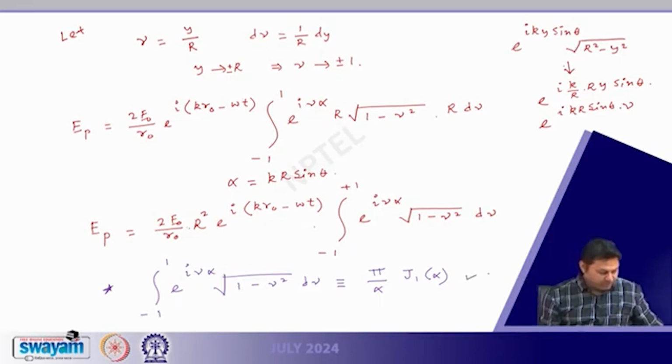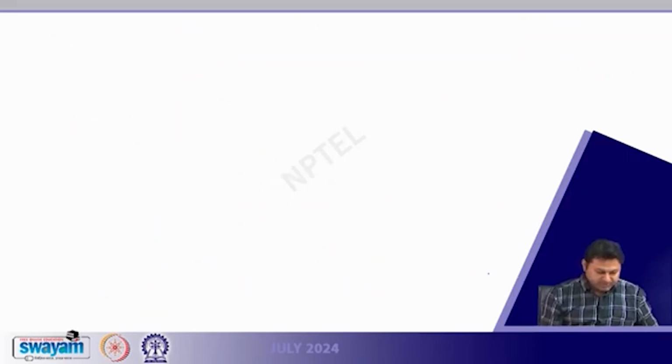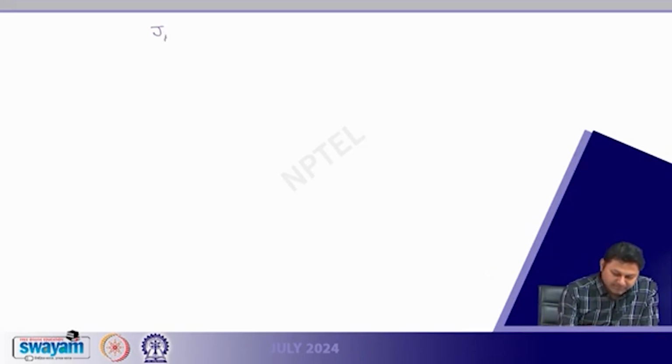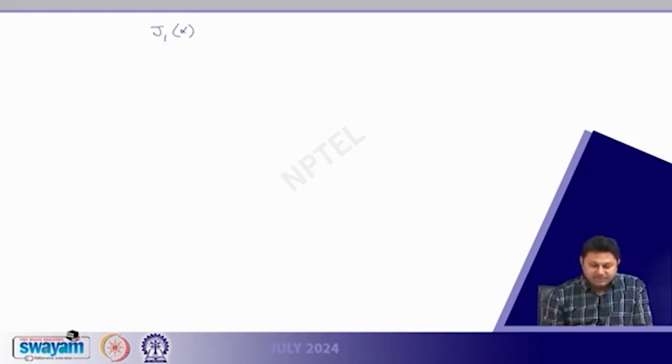Okay. So, now once we know the value of the integral, then we are in a position to find it, but before that I would like to show something about this. So, J1 is the first order Bessel function.